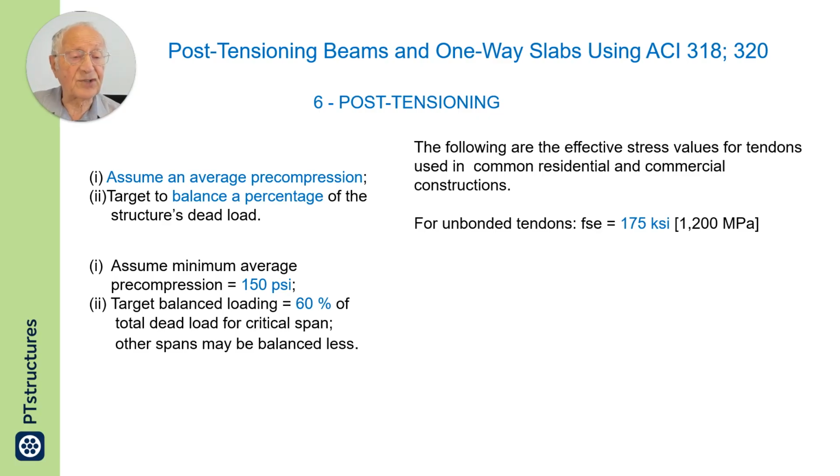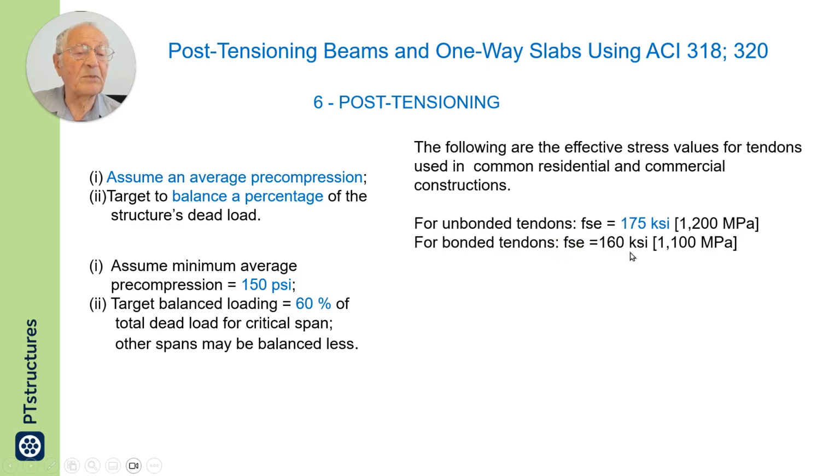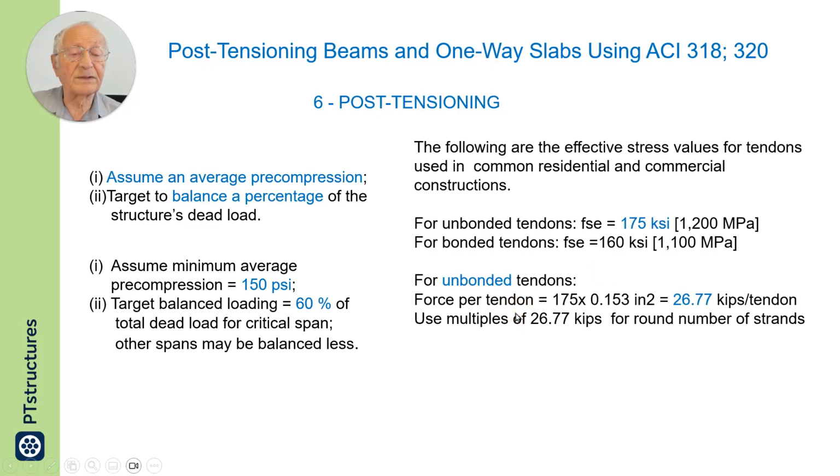This is after jacking and passage of time, allowing for shrinkage, allowing for friction loss between the strand and its sheathing: 175 ksi for unbonded tendons and 160 for bonded tendons. I have used in this example 175 for unbonded tendons.